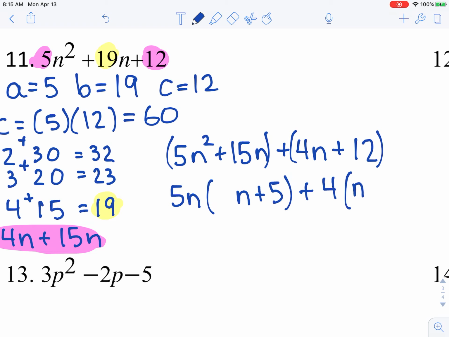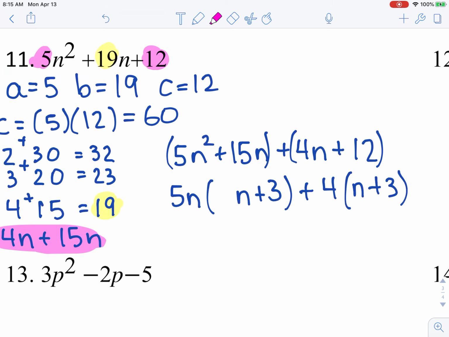I don't know what I'm doing. And you're probably saying the same thing. So I factored out a 5n in the first, and I get n plus 3. I factor out a 4 in the second grouping, and I get n plus 3.